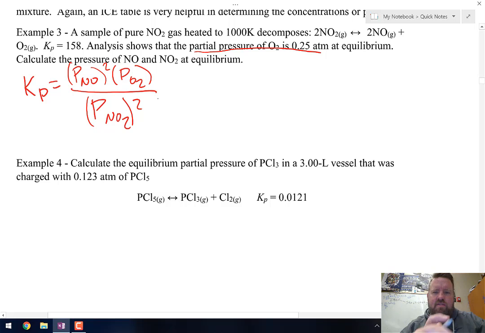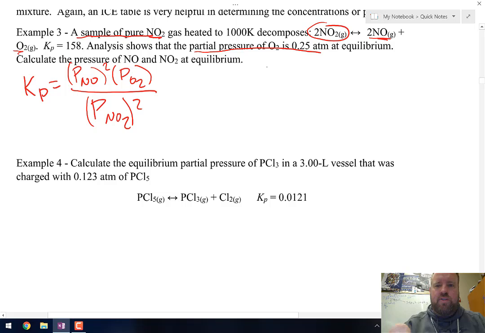So there's a lot of information they don't provide us here. So it does tell us that, again, at equilibrium, the partial pressure of O2 is 0.25. Okay, and it also says at the beginning, a sample of pure NO2. So again, that means that you're only starting with NO2, which means we weren't starting with any NO or O2 at all.